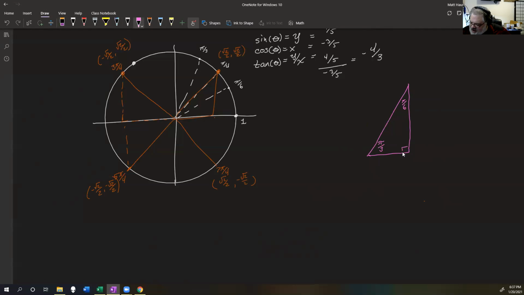So the nice thing about the pi over 3 and the pi over 6 is they actually both exist in the same triangle, because pi over 6 plus pi over 3 is pi over 2. The 30 plus the 60 is 90, right? So that's nice. We don't need a separate triangle for pi over 6 and for pi over 3.